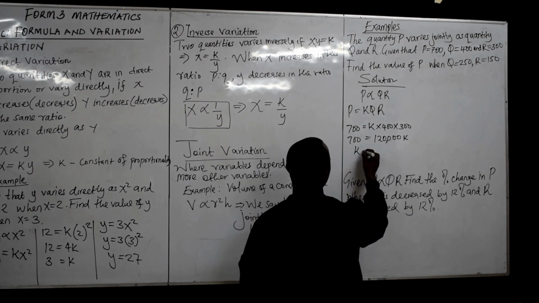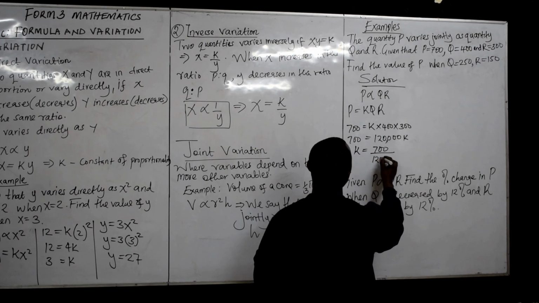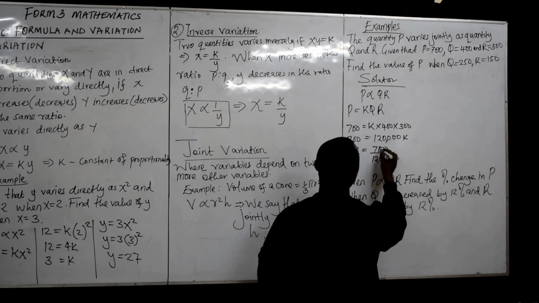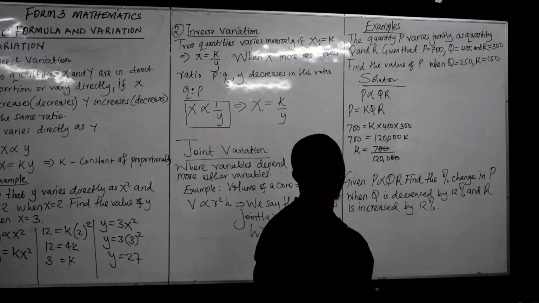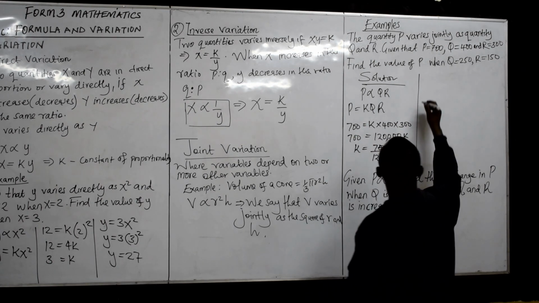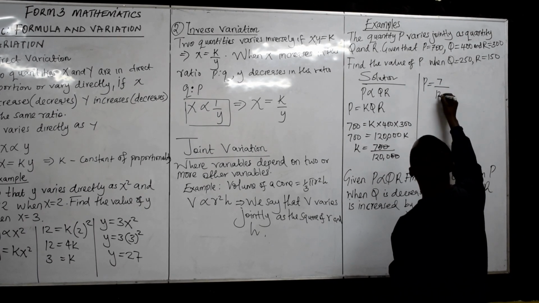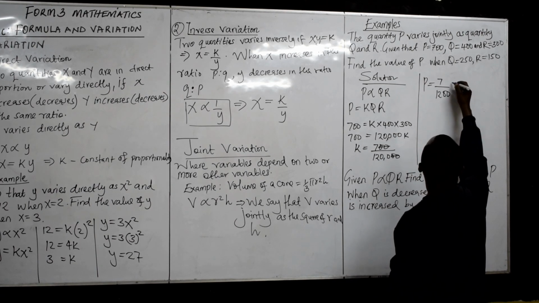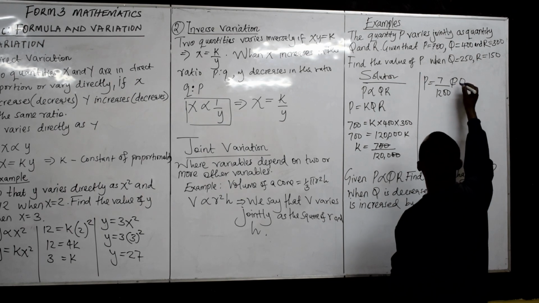Therefore, k will be equal to 700 divided by 120,000. So k is 7 over 1,200. So the equation connecting p, q, r will be p is equal to 7 over 1,200 times p q r.